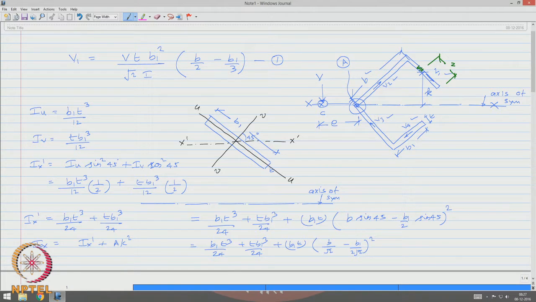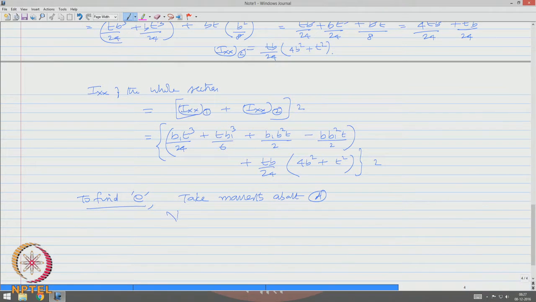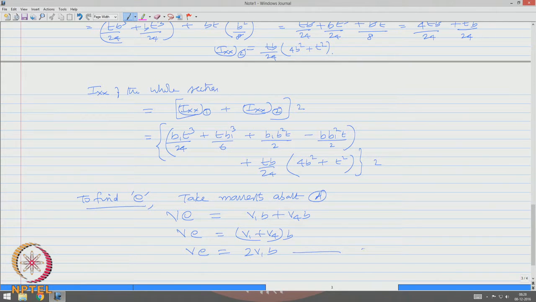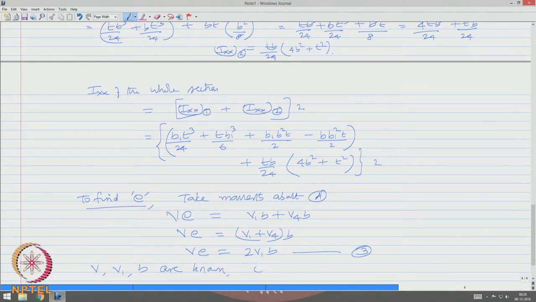So, I should say now V into E will be equal to V 1 into B plus V 4 into B, which is V 1 plus V 4 into B, which essentially is 2 V 1 into B. So, in this equation V 1 and B are known, E can be computed.